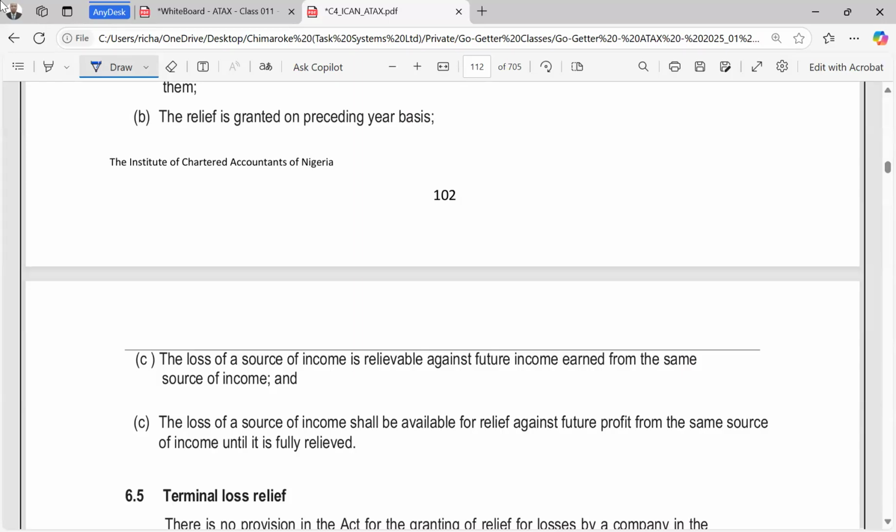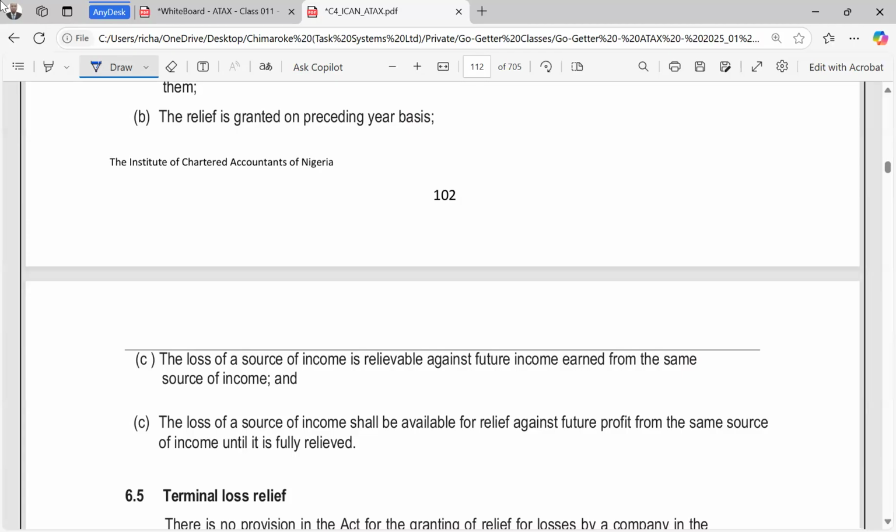Two, it can be relieved from other sources of income. Thirdly, any unrelieved part must be carried forward, and it becomes a carry forward loss, which must be relieved from only the source of income where the loss was made. Then fourthly, it has to be claimed in writing within 12 months.